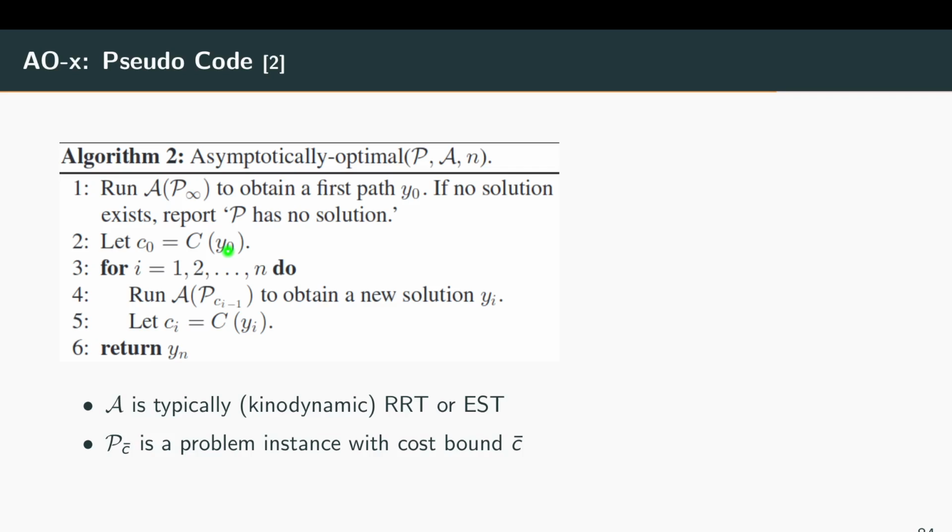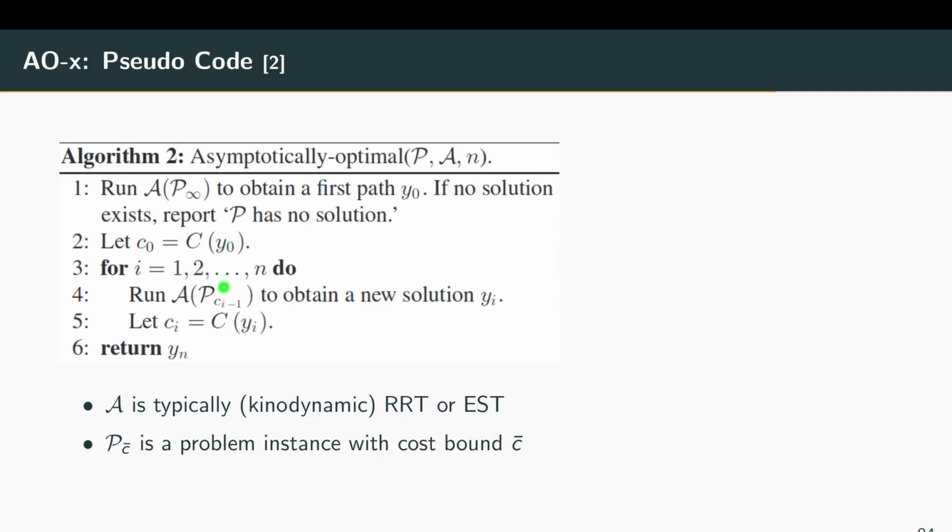And we already know from the last lecture, it's suboptimal. It's actually empirically very suboptimal. Typically that cost is very far away from the optimum, the first one that you find. But it gives us some bound. So now we know that we can find a solution that has this cost or lower.